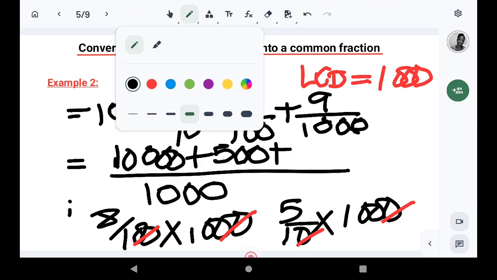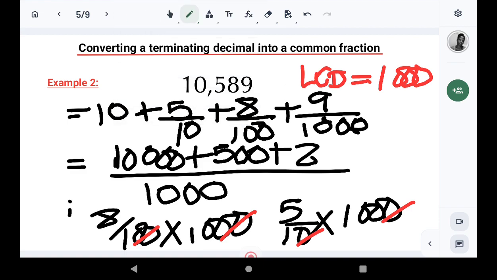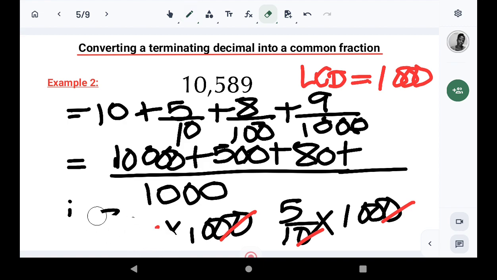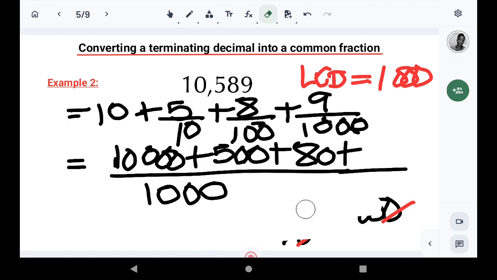Plus 9 over 1000 times 1000. Let me show you how that happens.